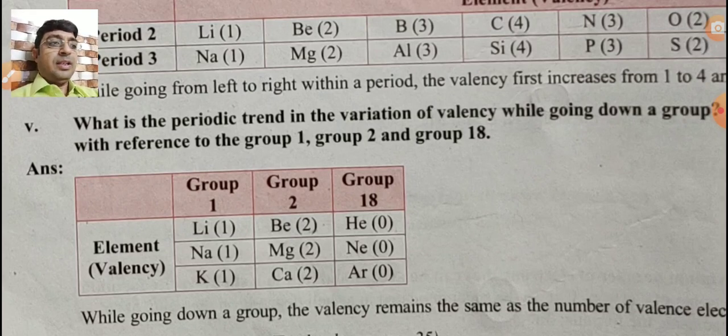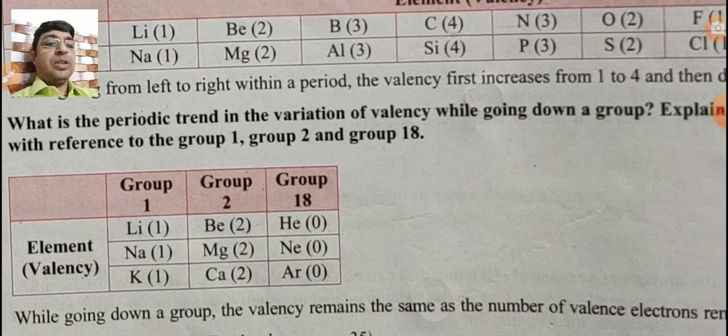In the case of helium, only 2 electrons are present in the outermost shell, that is, the duplet is completed. That's why valency is 0, and the remaining elements in group 18 complete their octet, that is 8 electrons in their outermost shell. That's why there is no need to take or give electrons to any other atom, and that's why all the elements show valency 0.